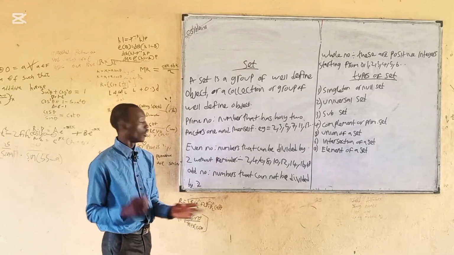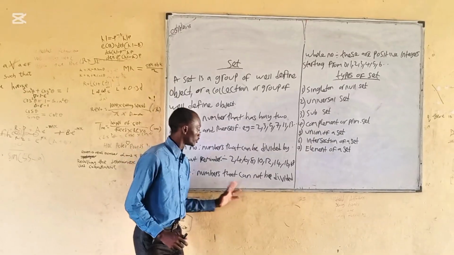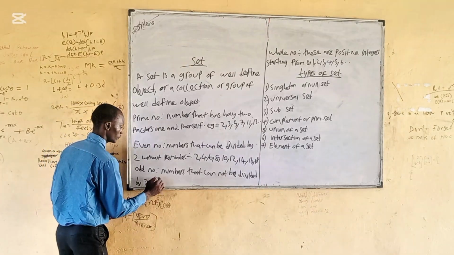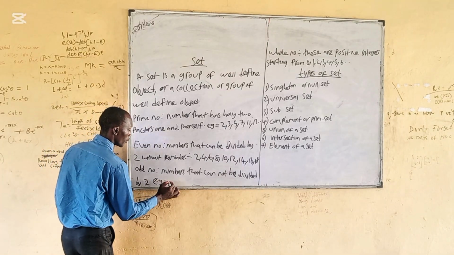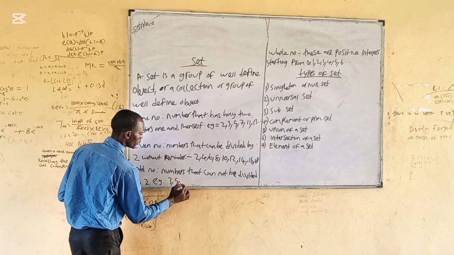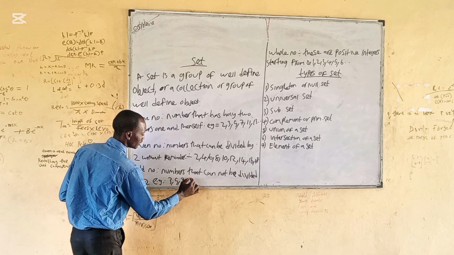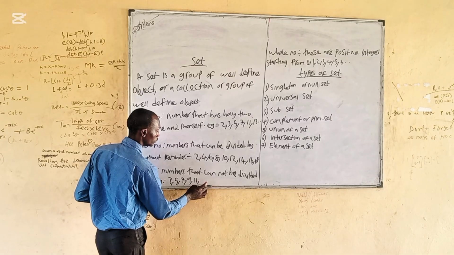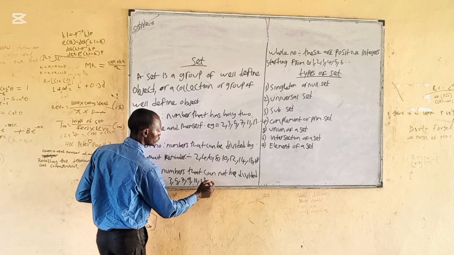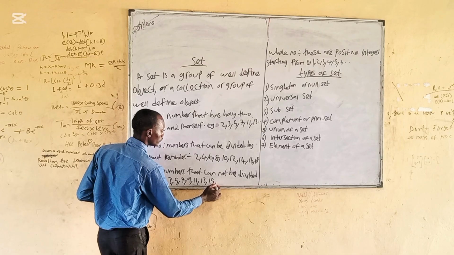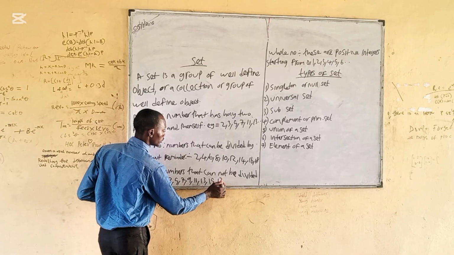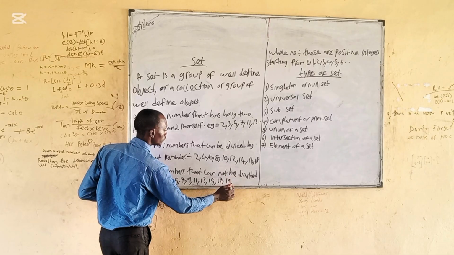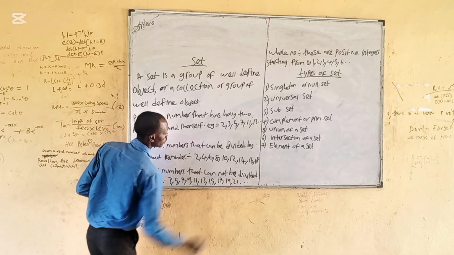Now please listen. What numbers? The numbers that cannot be divided by 2. For example, we have 5, 7, 9, 11, 13, 15, 17, 19, 21.